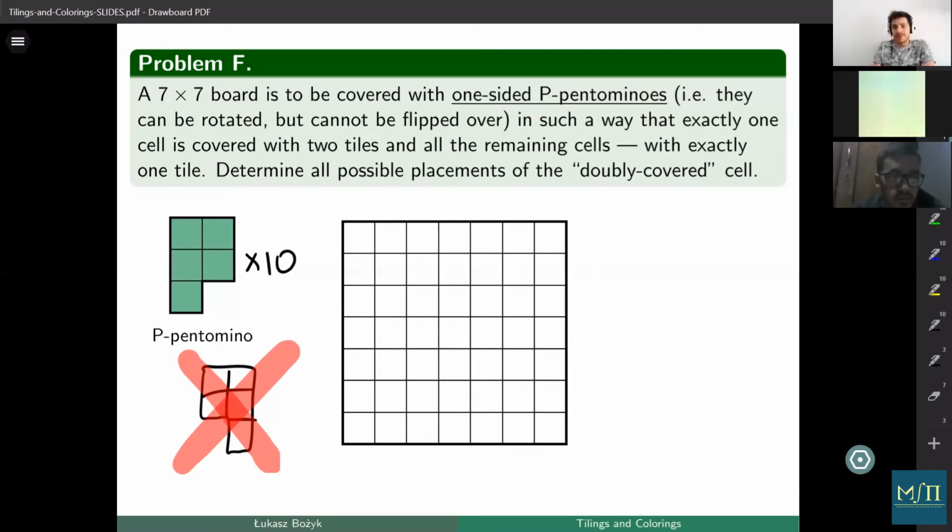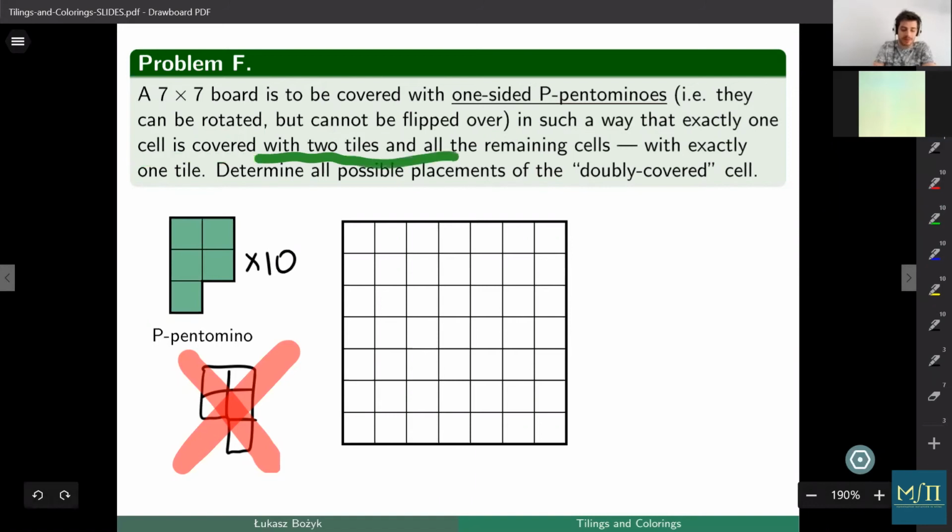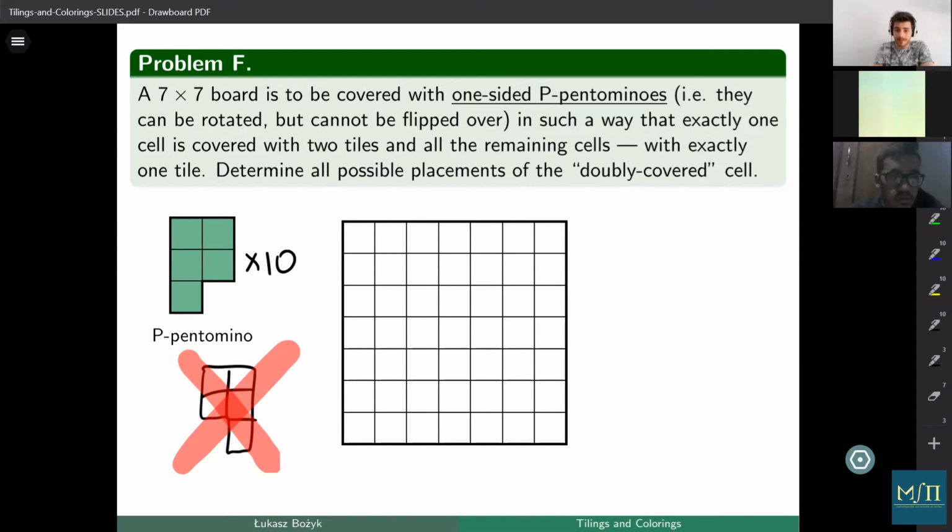And the reasonable expectation is to have exactly one cell covered by 2 tiles, and all the remaining ones with exactly 1 tile. The numbers match: we have 50 cells here, 49 here, but we allow 1 cell to be covered twice.